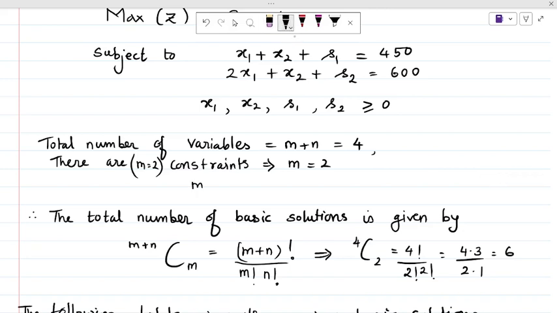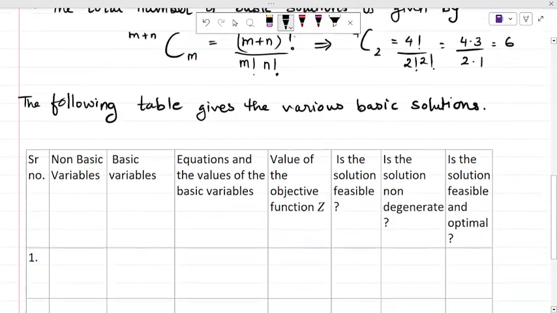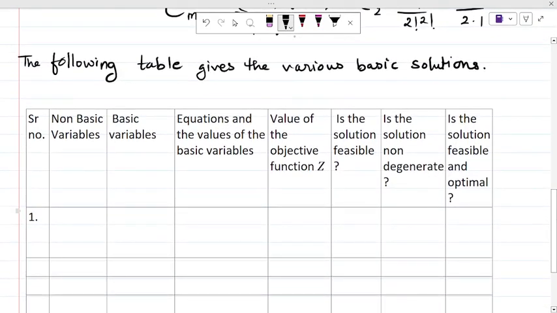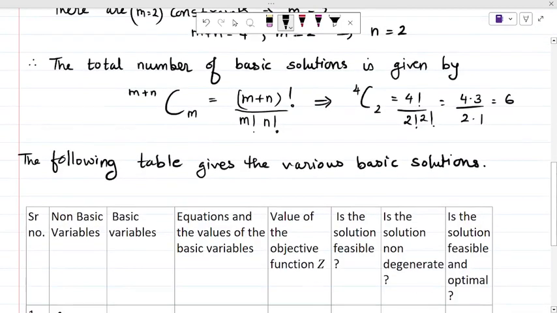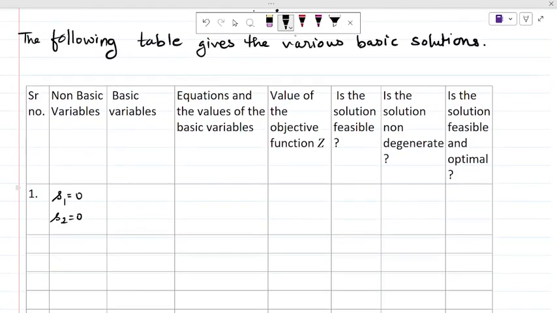Because m plus n is 4 and m is 2, it implies that n is 2. So for the first case, I will choose s1 equal to 0 and s2 equal to 0. The moment I choose them, the basic variables automatically become x1 and x2.